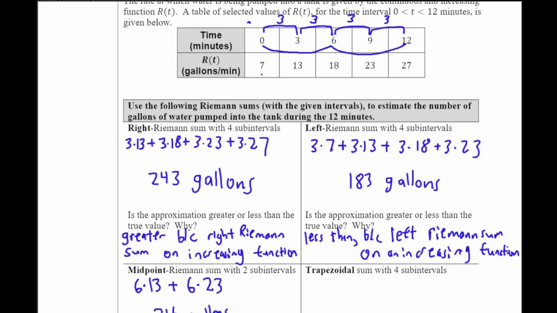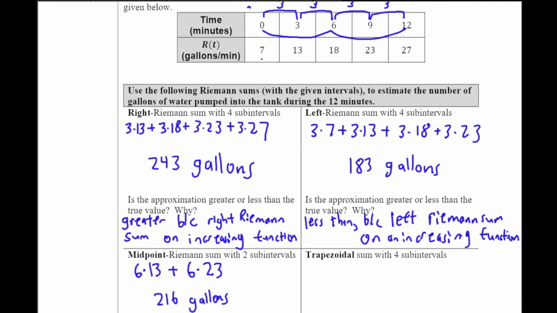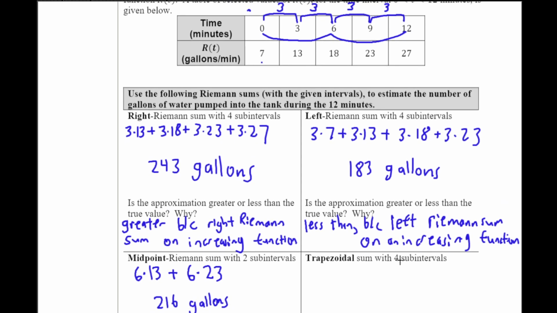All right, this last problem here is the trapezoidal sum. This is back with 4 subintervals. So, take the height 0 to 3. The first trapezoid is 3 multiplied by base 1, which is 7 plus 13, 7 plus 13 over 2. That's our first trapezoid.